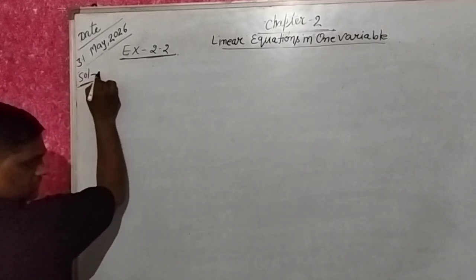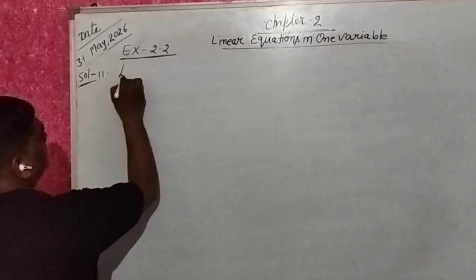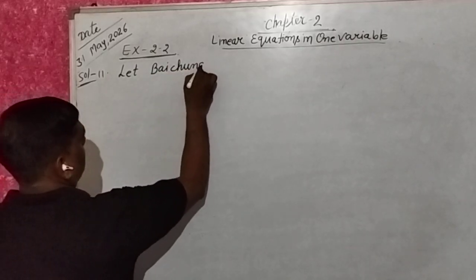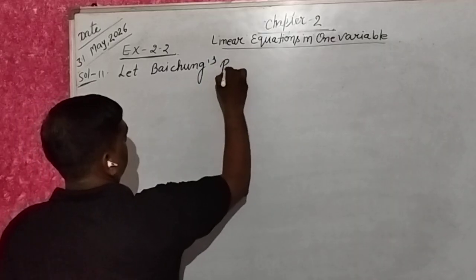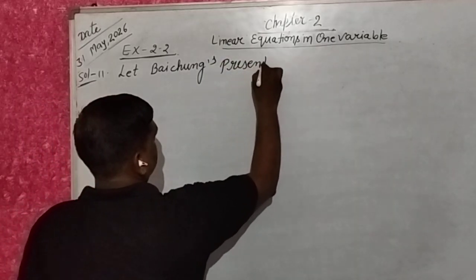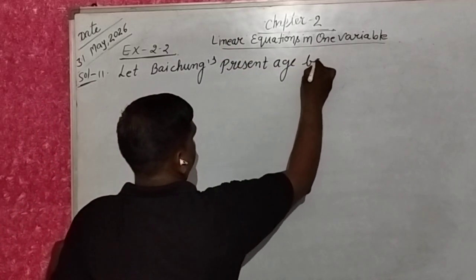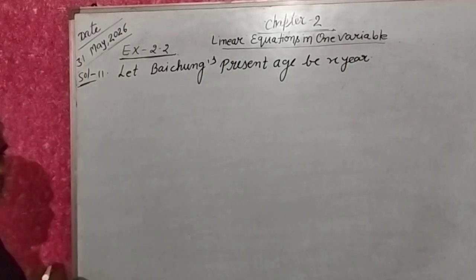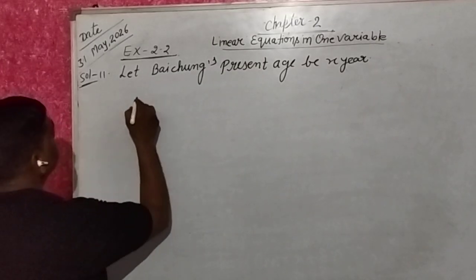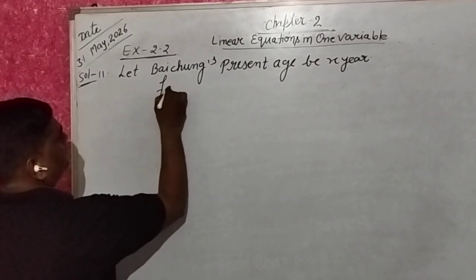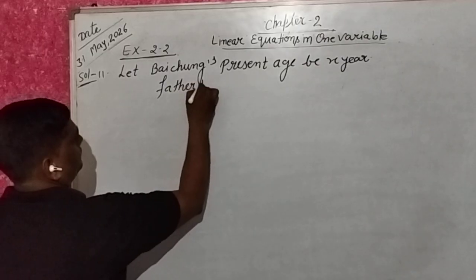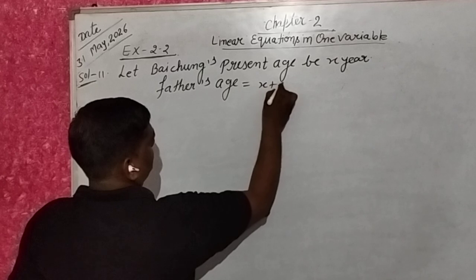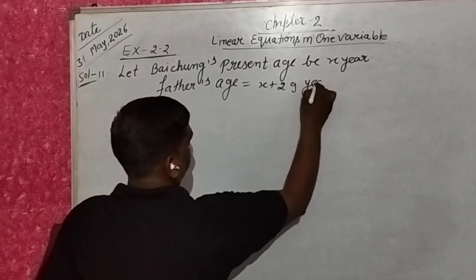Question number 11. Let Bajin's present age be x years. Okay. Father's age x plus 29 years.